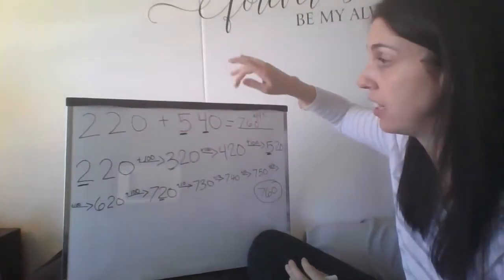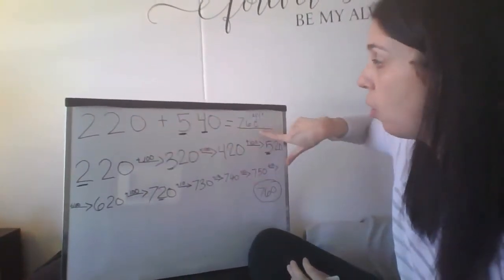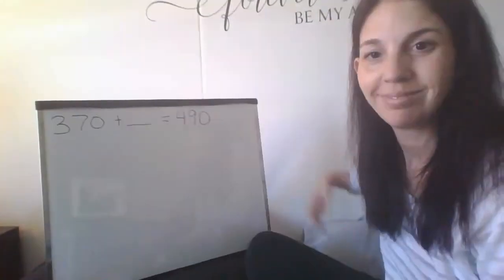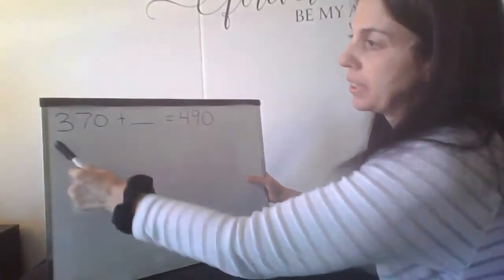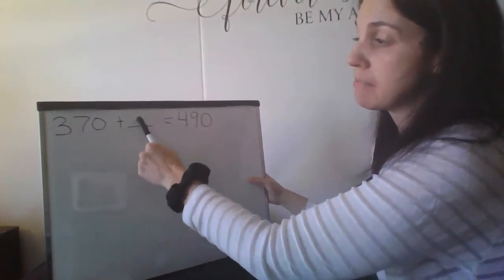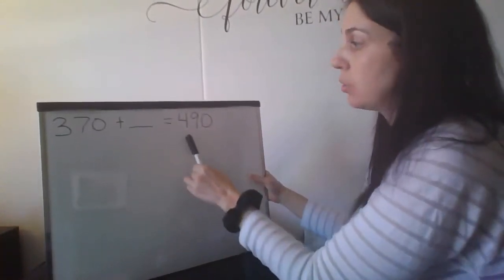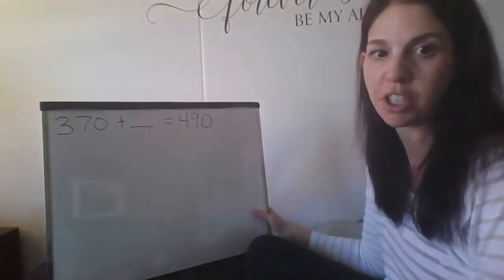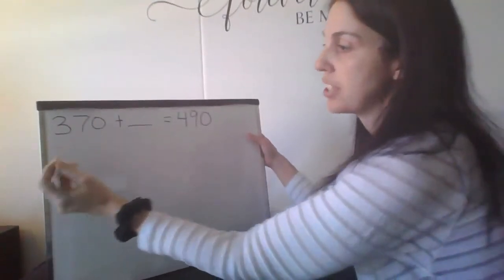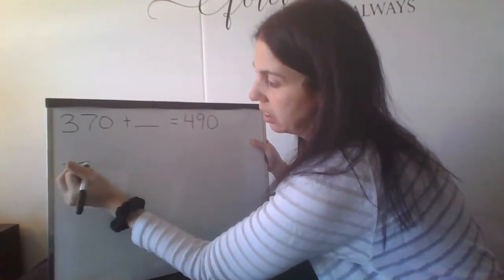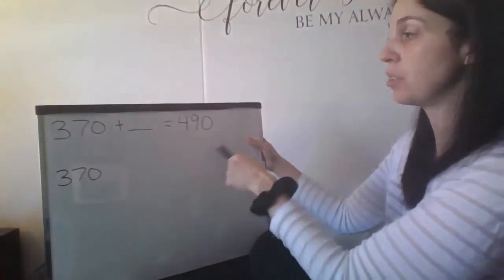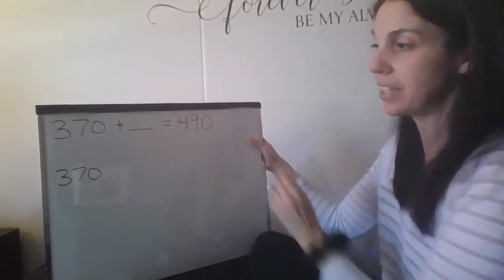Okay. Next problem I'm going to show you is where they're missing one of the parts. And you have to figure out, by knowing the part and the whole, what the other part is. So our next problem is 370 plus, we don't know, equals 490. So this one is a little more tricky, where we're going to start with 370. And we're going to count all the way up until we get to 490.